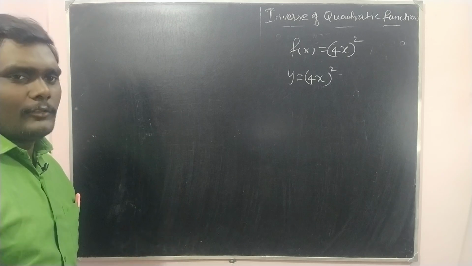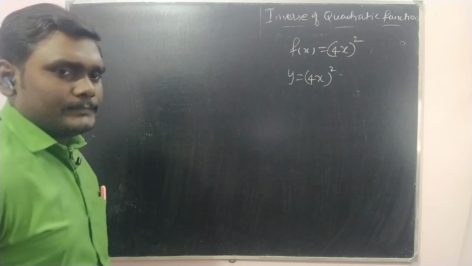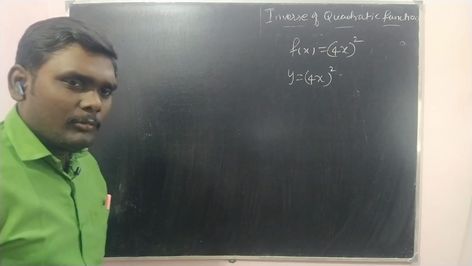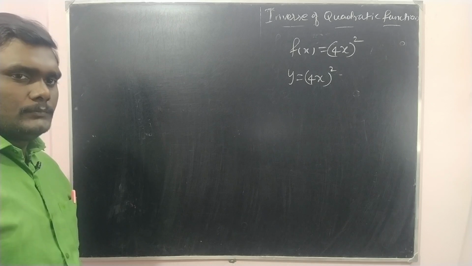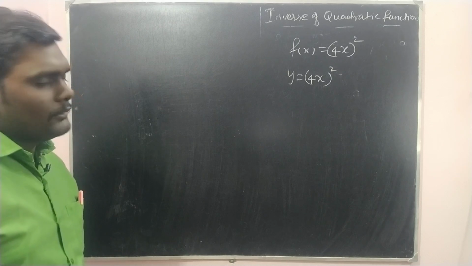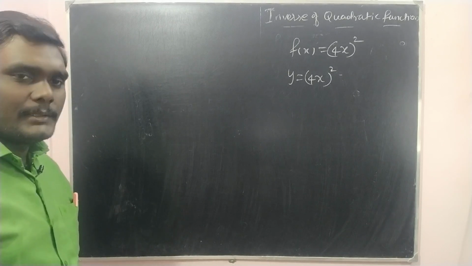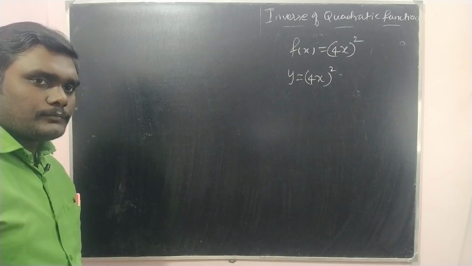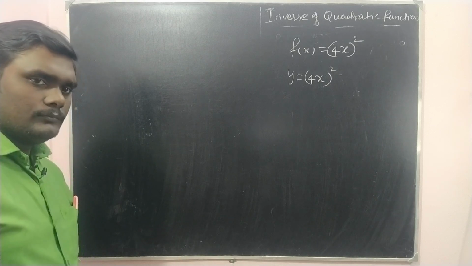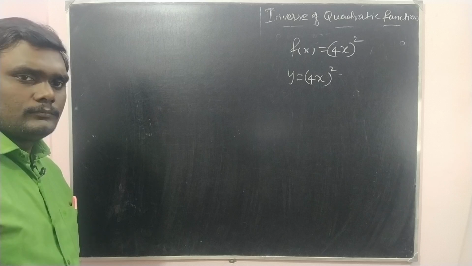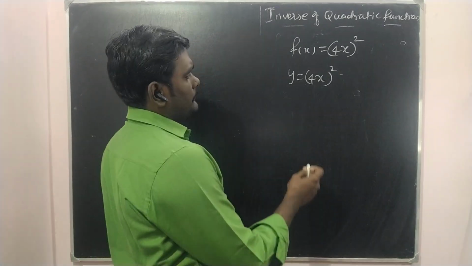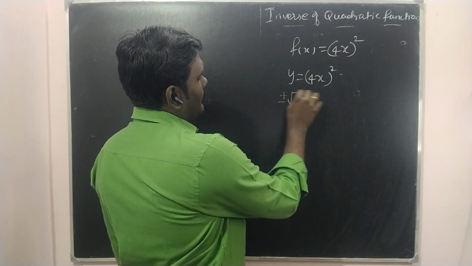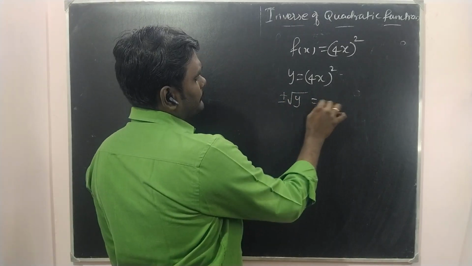But the square is disturbing, right? To remove the square, what can we do? Take the square root on both sides. Then what do we get? It is plus or minus root y.